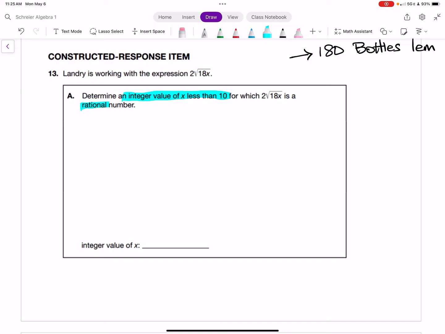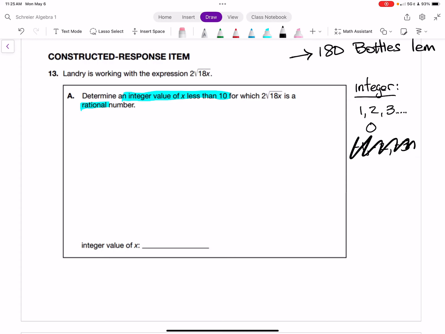So we're being tested on what kind of number systems we have. So first, we have an integer. So what is an integer? An integer is all your positive whole numbers, so 1, 2, 3, etc., 0, and then all your negative ones. Now, we're going to eliminate the negative ones because we're dealing with a radical.